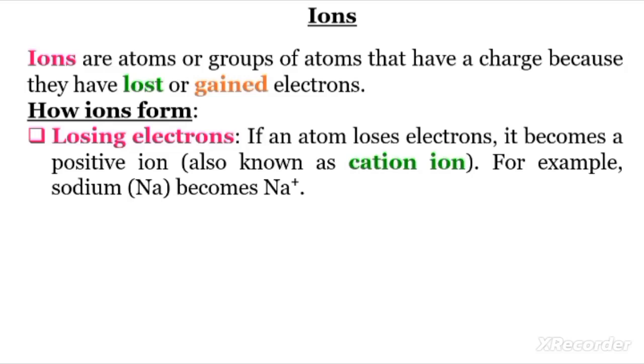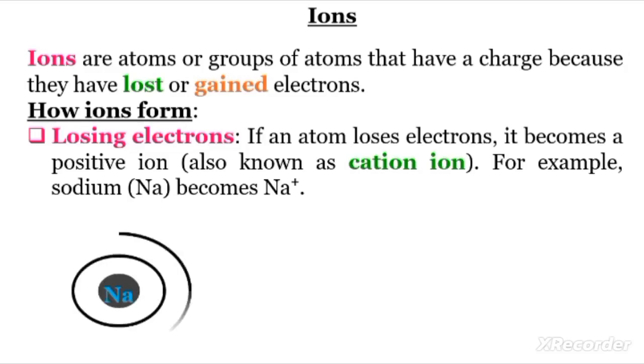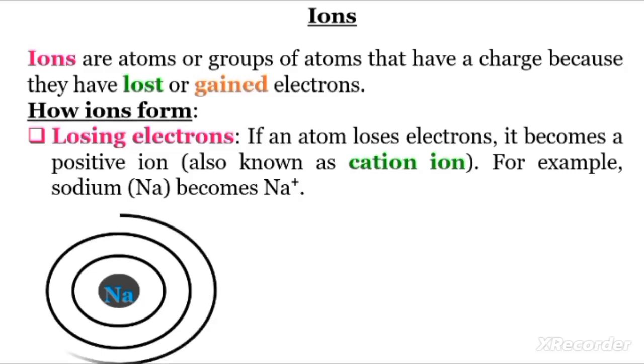Let us illustrate what we are talking about here. We have sodium, and it is surrounded by 3 shells. The first shell has 2 electrons, the second shell has 8 electrons, and the outermost shell has 1 electron.